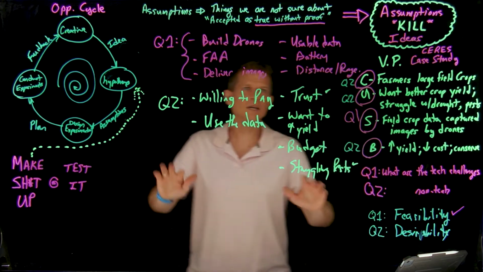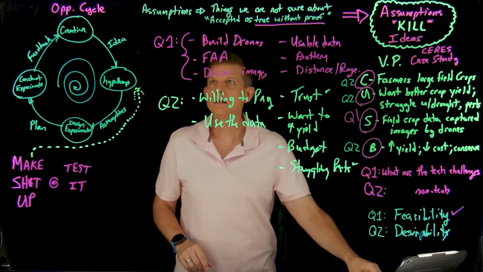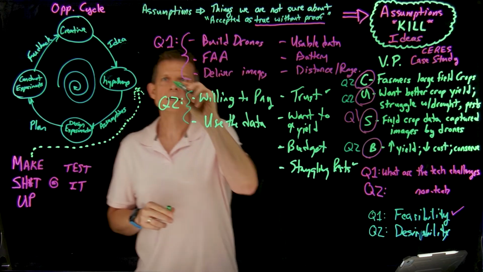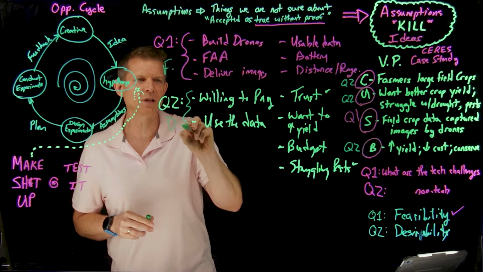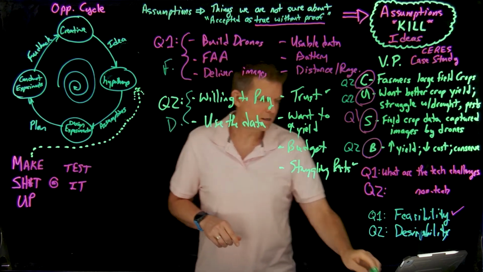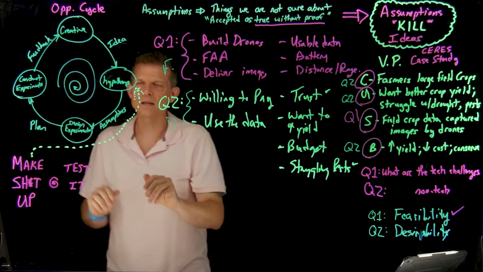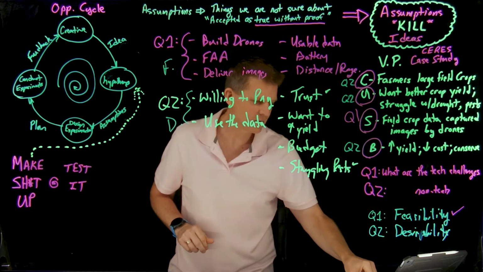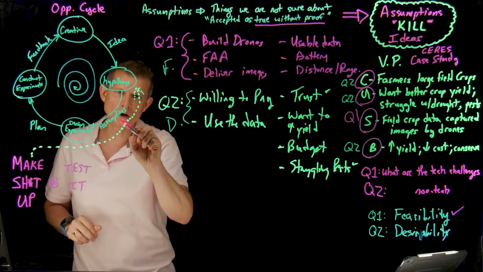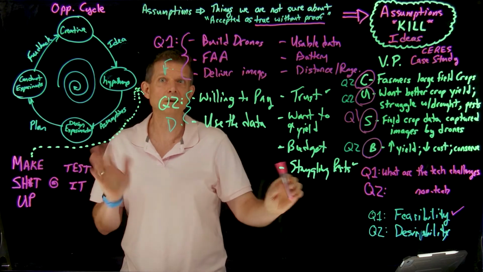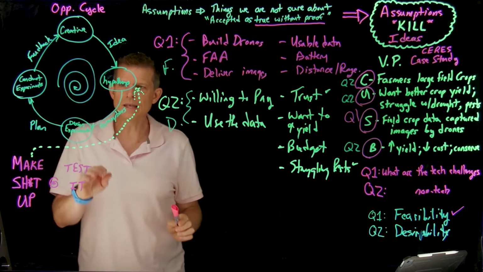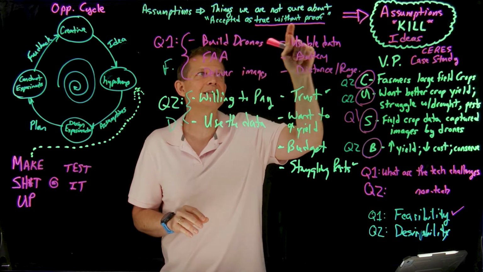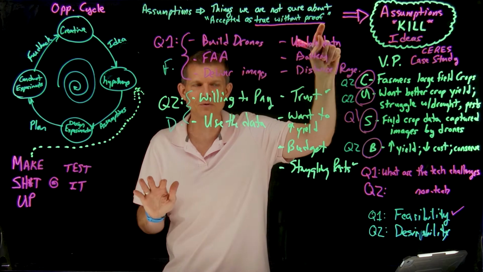All right, so here's what I want you to do now. I want you to take a look at our list. Question number 1, assumptions. Question number 2, assumptions. So feasibility assumptions, desirability assumptions. And let's go back to our value proposition, or opportunity cycle. Be creative, ideas, hypothesis, boom, assumptions. We just identified all of the assumptions, not all of them, but some of the important ones, that we want to now design experiments in order to test them so we have the proof.